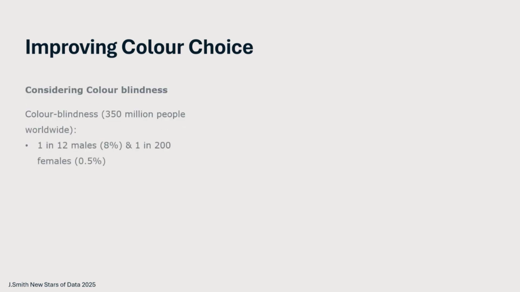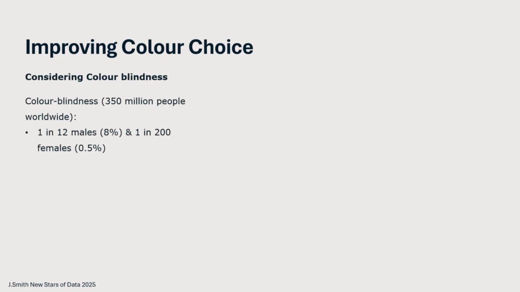When designing visuals and reports, it's also extremely important to consider those who are not able to see the difference between certain colors. For example, for those who are colorblind, the ability to differentiate certain hues depends on the contrast ratio.